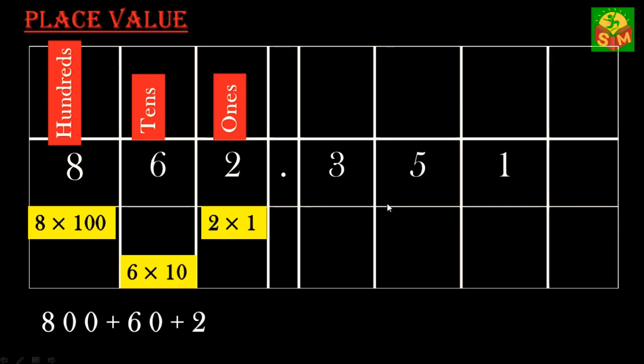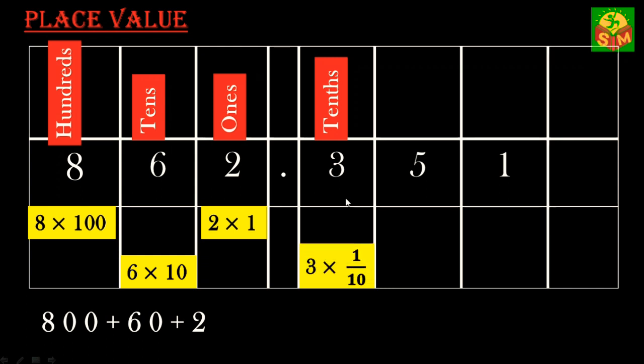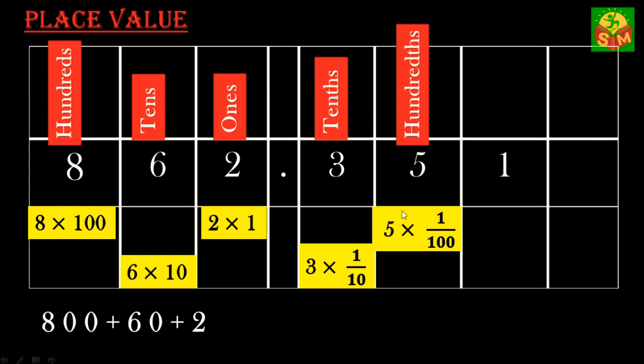But what is the place value of the digits after the decimal point? As we move further right, every place value gets 10 times smaller. The first digit on the right means tenths. Here the first digit after the decimal point is 3, and its value would be 3 times 1/10 or 3/10. The second digit to the right of the decimal point, which is 5, is in the hundredths place. It means that its value will be 5 times 1/100th or 5/100th.